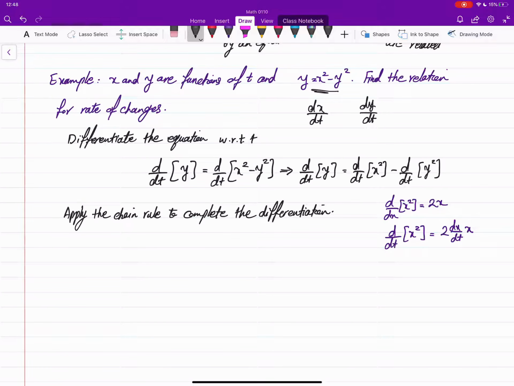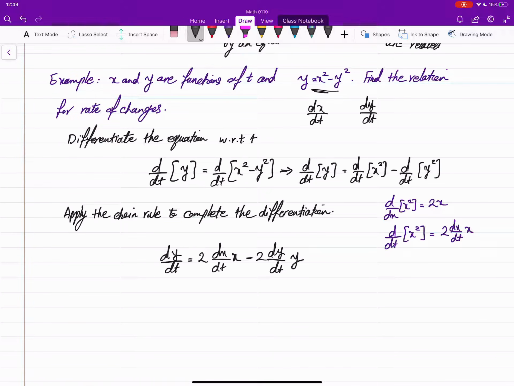So it means that the left hand side is going to be dy dt, and the right hand side is going to be 2 dx dt times x minus 2 dy dt times y. And now you see that we have an equation for dy dt and dx dt. Well, it involves some x and y's, but that's a relation.